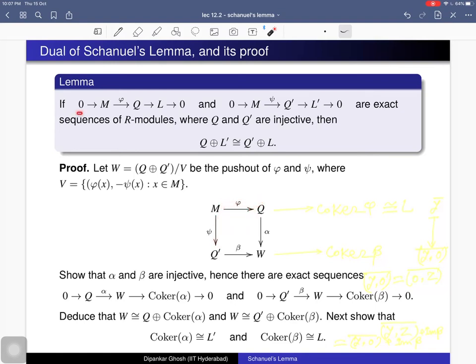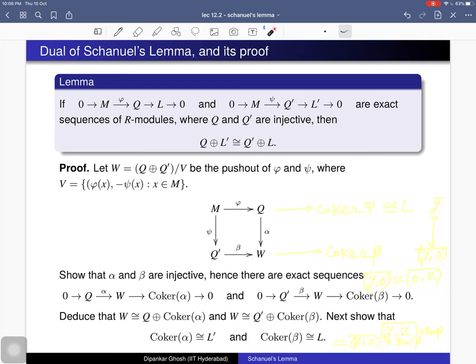So, considering these two short exact sequences, we can consider these two module homomorphisms phi and psi. So, phi is a module homomorphism from M to Q, and psi is a module homomorphism from M to Q prime. Then we can consider the push out of these two module homomorphisms. Let us say it is W along with these two module homomorphisms alpha and beta. And if we recall the construction, how to get W?